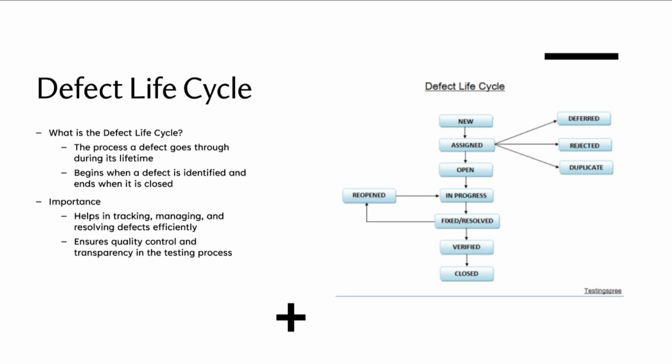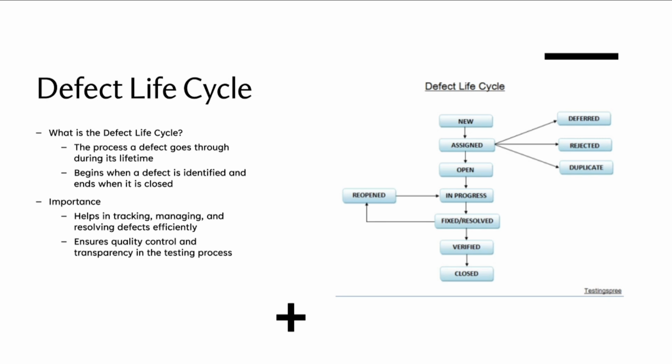Now the defect actually goes through its own lifetime. Why do we need to learn the defect life cycle? It helps us as testers with tracking, managing and resolving defects. It helps control our quality and makes the testing procedure transparent.